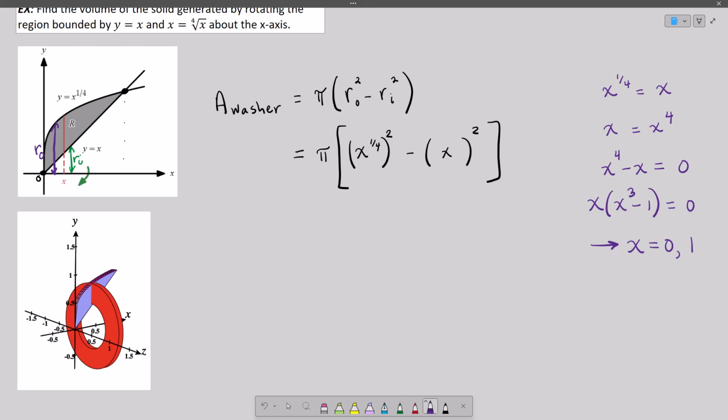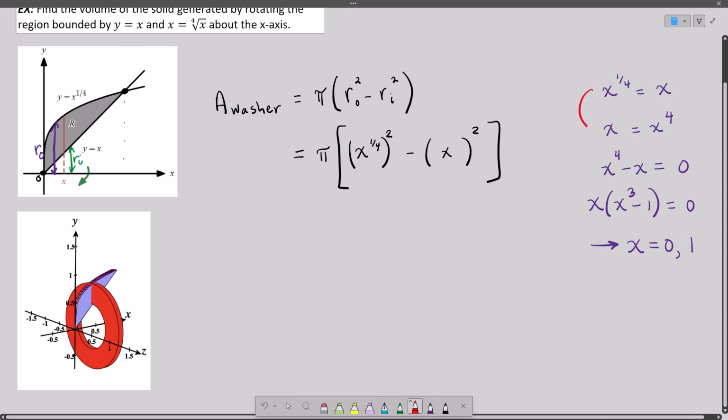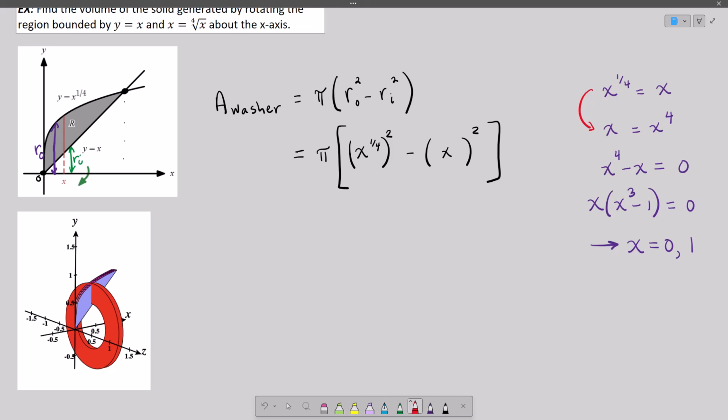Now, as soon as we raise an equation both sides to an even power, there should be a little bell going off in your head, a little warning that says you might introduce extraneous roots. Like if you have a very simple equation like x equals 1, how many solutions does that equation have? 1. But if we square both sides, we now have 2 solutions, so we've introduced an extraneous solution.